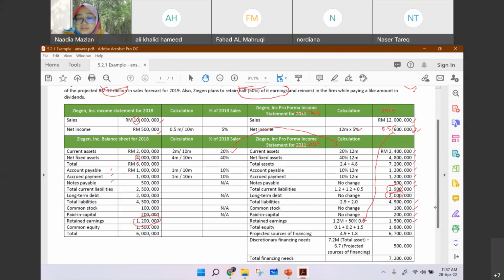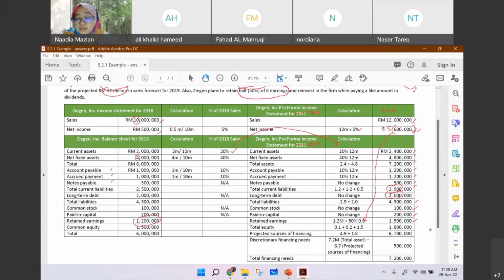So 1.2 plus 50% of 0.6, you get 1,500,000. Now you can calculate the equity, which is common stock plus paid-in capital plus retained earnings. So you get 1.8 million.